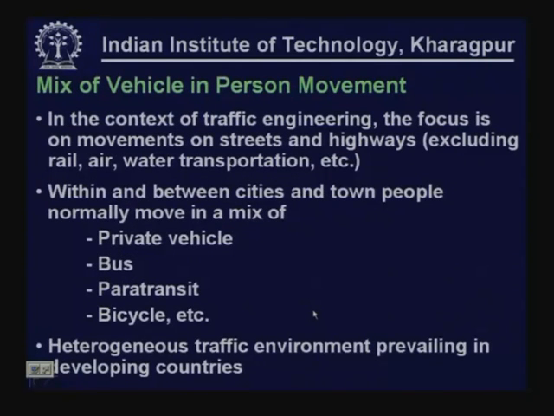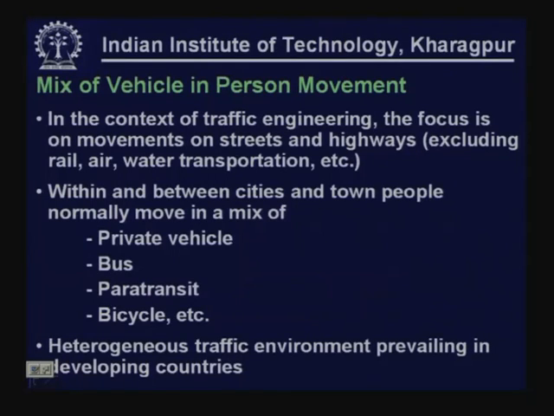Next is the mix of vehicles in person movement. Person movement is normally accomplished by sharing the demand among different types of modes. In the context of traffic engineering, our focus is generally on movement on streets and highways.